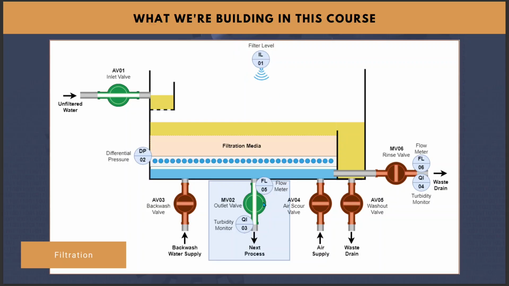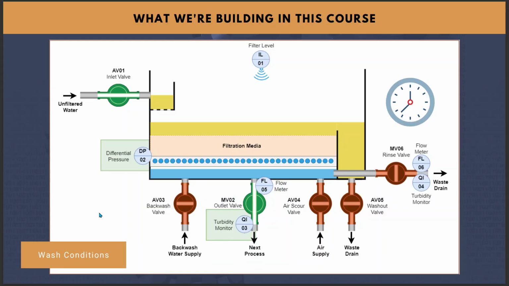The position of the outlet valve may not be 100% because we're trying to achieve a flow target and also stop the level from falling too low or getting too high. And then we also have a turbidity monitor that's checking the actual cleaning process of the filtration media and how much bacteria or dirt that's taking out of the unfiltered water.